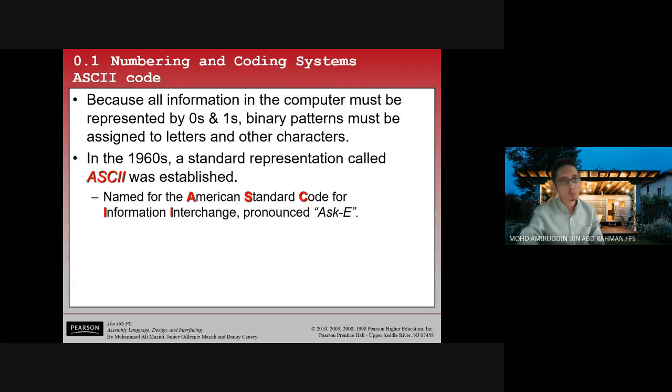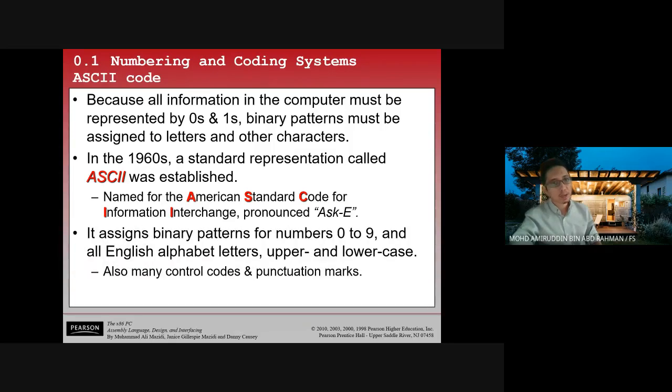So how do we get the name ASCII? The name ASCII was found in 1960 as a standard representation, based on American Standard Code for Information Interchange. It is pronounced as ASCII.